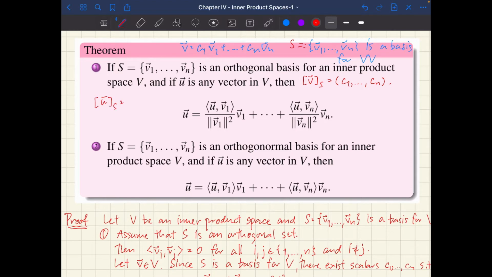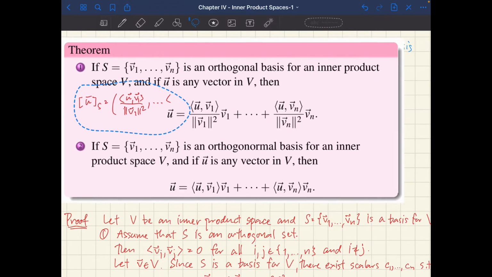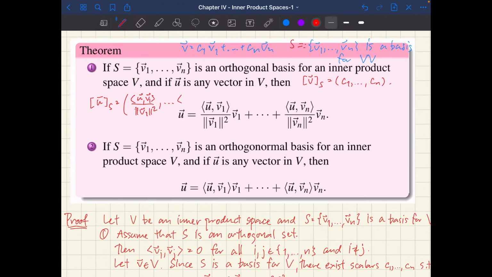The coordinate vector of u with respect to S is the n-tuple: the first entry is the inner product of u and v1 divided by the norm of v1 squared, and the nth entry is the inner product of u and vn divided by the norm of vn squared.